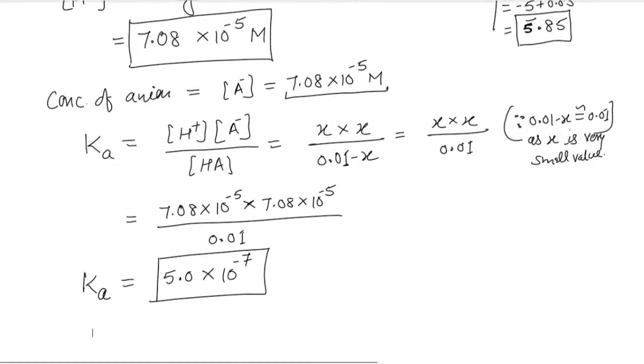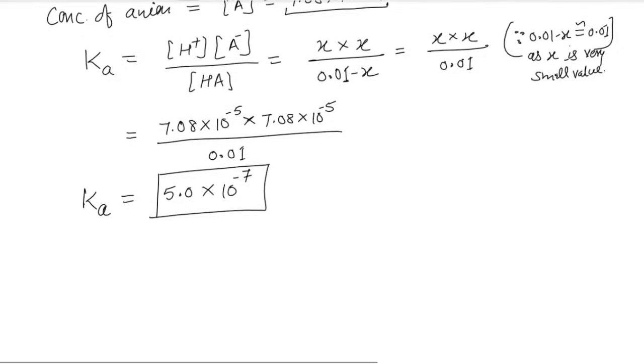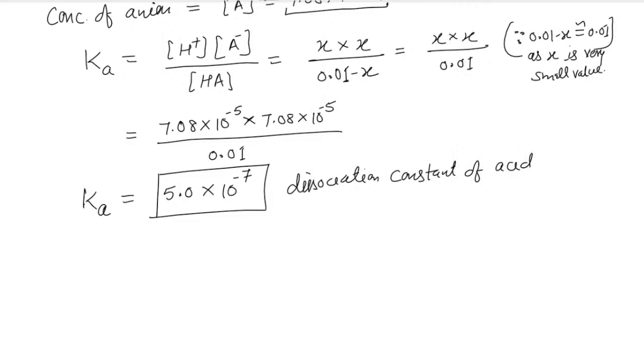Now next part is calculation of pKa. This is the dissociation or ionization constant of the acid. Now what is pKa? pKa equals minus log of K, that is minus log of 5.0 into 10 raised to minus 7.